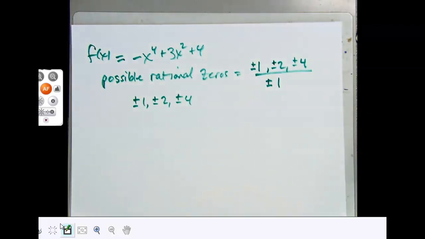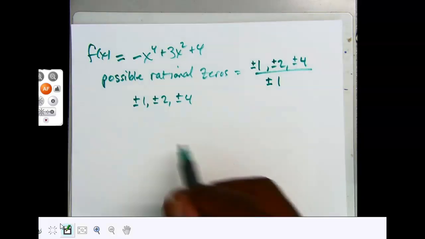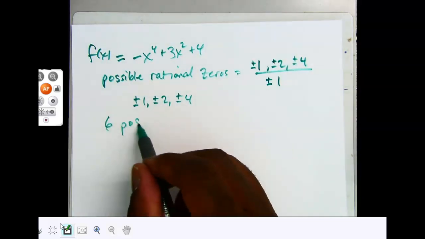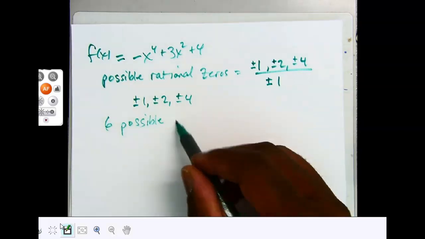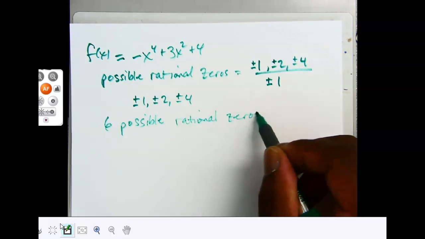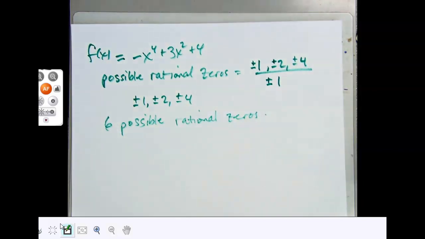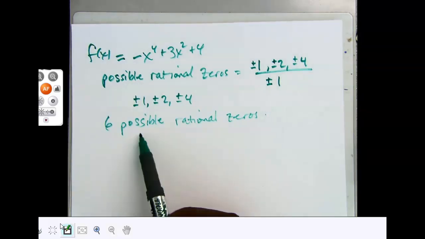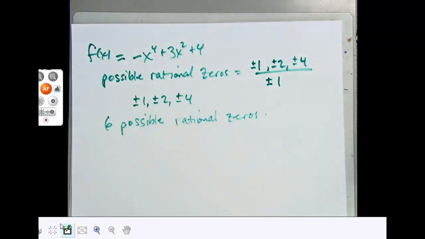So in this case, we have 6 possible rational zeros. So what we could do is we could use synthetic division to see if we can figure out which one of these are rational zeros. So we'll take a look at that in a sec.